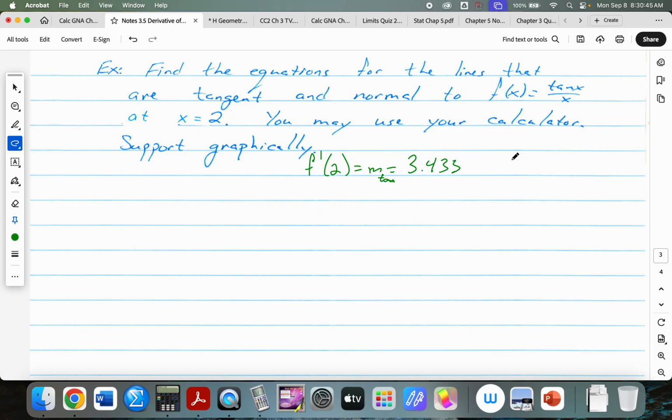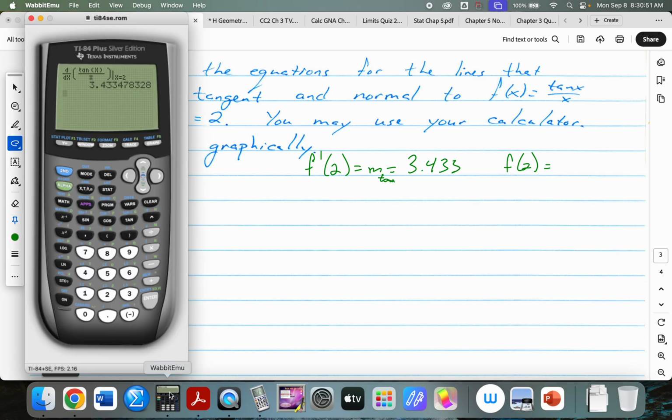And then f of 2 is going to be tangent of 2 over 2. So tangent of 2, bless you, copycat, is negative 1.093, we'll call it.